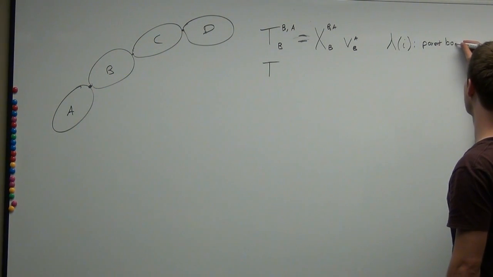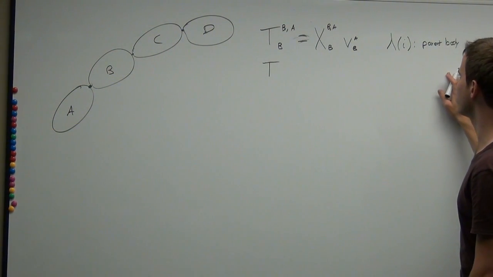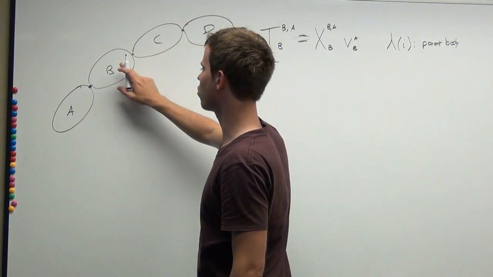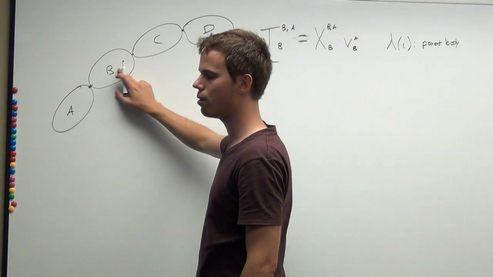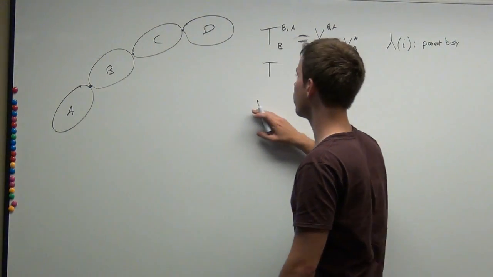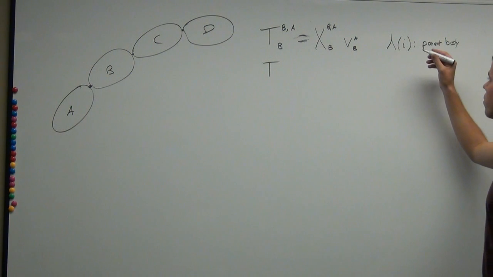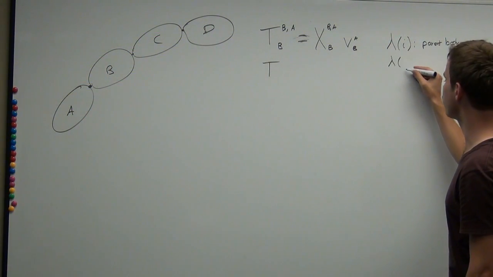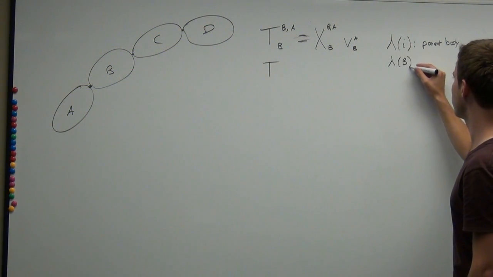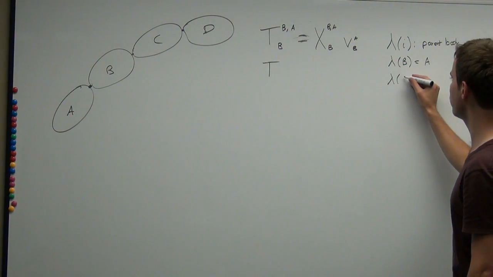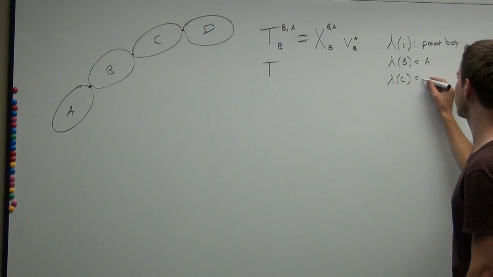So let's just identify I with the frame. So let's say that frame B is the same as rigid body B. Then lambda of B is A, and lambda of C is B.